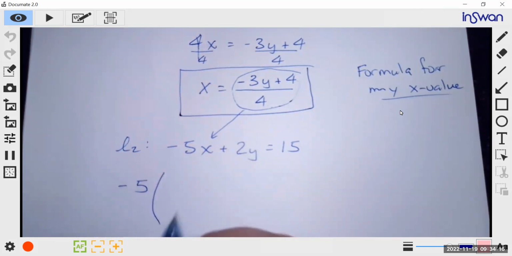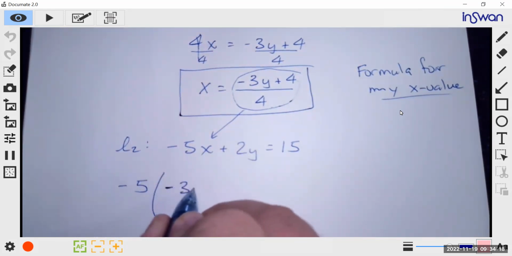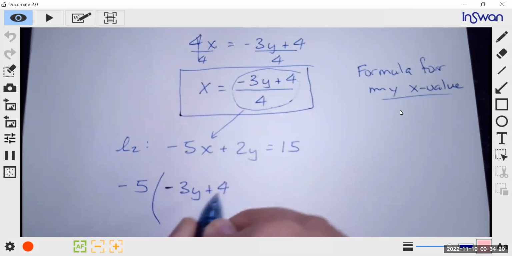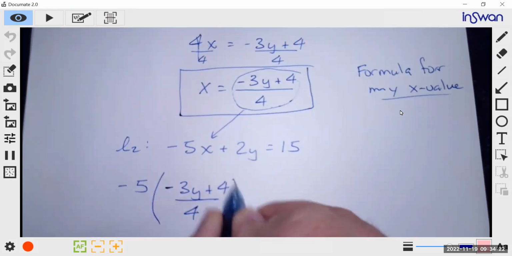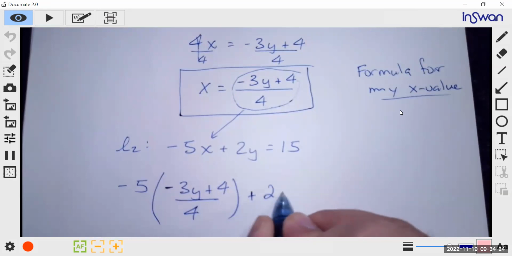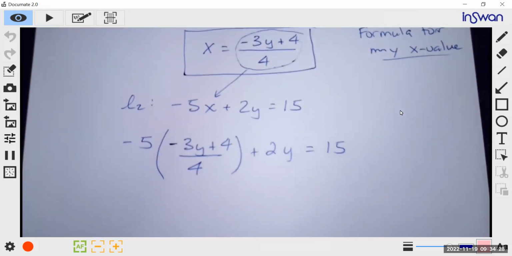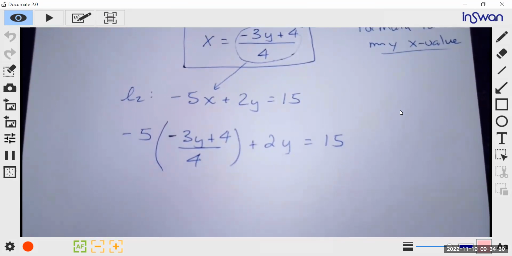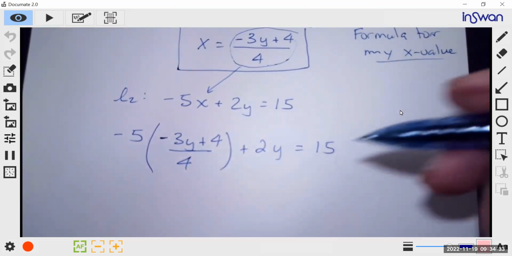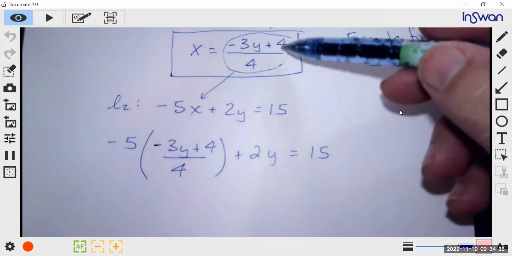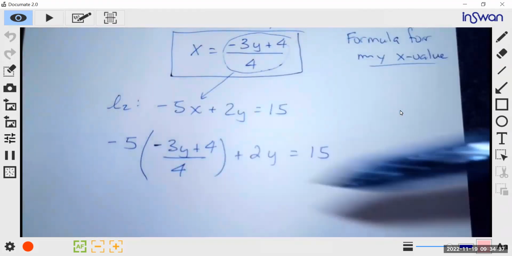I substitute it in. Okay, it looks ugly, yes. All I do is take my x value, plug it inside there, put in parentheses.